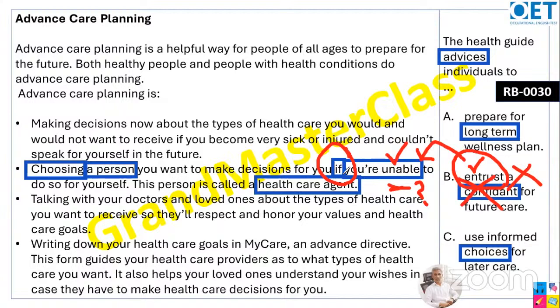The next one. Long term. There is nothing called long term anywhere. Long term wellness plan, there is nothing like that.